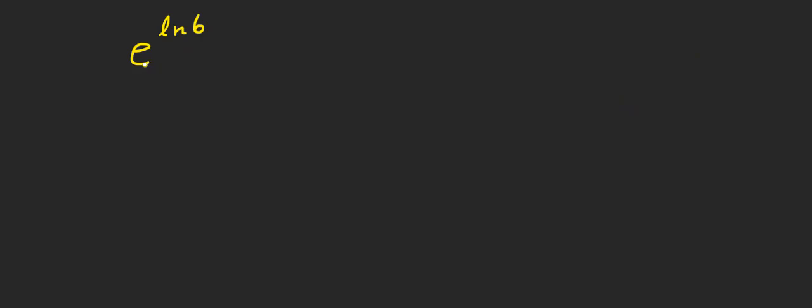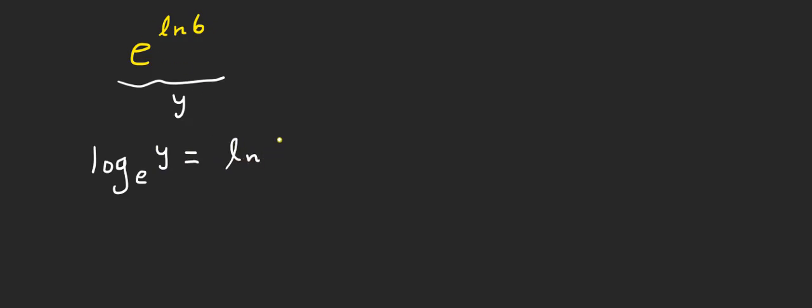How do you evaluate e to the natural log of 6? This is an exponential form. So let's rewrite it as a logarithmic form. And let's call this whole thing equal to y. So log base e of y should equal the exponent, which is right here, natural log of 6. Now, what is natural log? It's a log with base e.